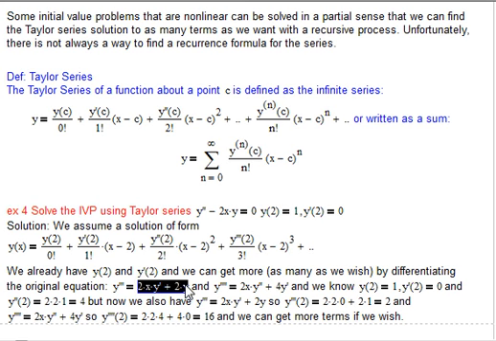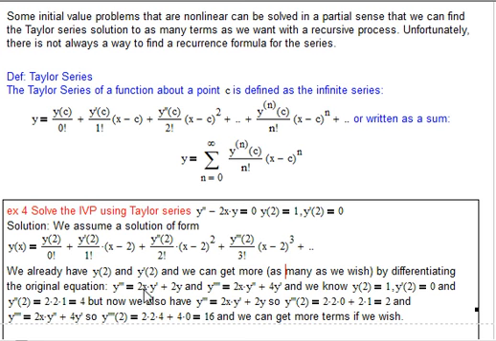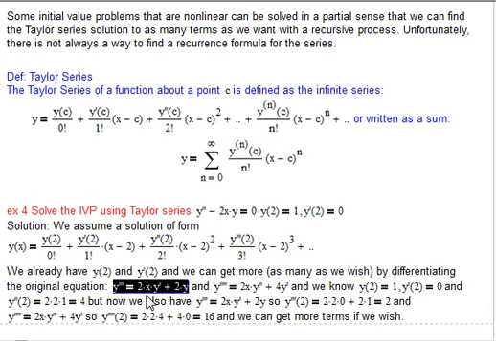So this gives us a third derivative. For the fourth derivative, we'll just take a derivative of this, right? So 2x times y double prime plus y prime times 2, plus the derivative of this, 2y prime. So we're going to wind up with 2x y double prime plus 4y prime.